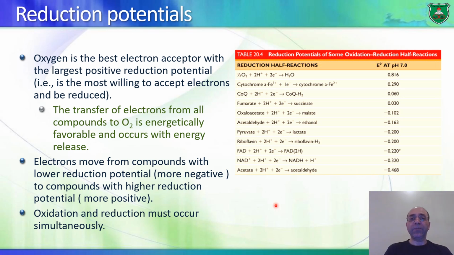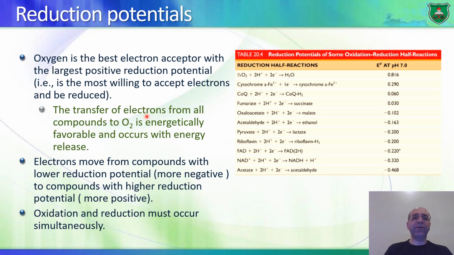So, for example, acetate to acetaldehyde has a reduction potential of minus 0.468. Now, if you flip this reaction, the reverse reaction, that is acetaldehyde releasing electrons, donating electrons, now the reduction potential would be positive 0.468.